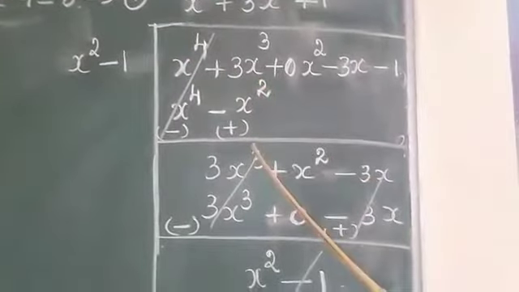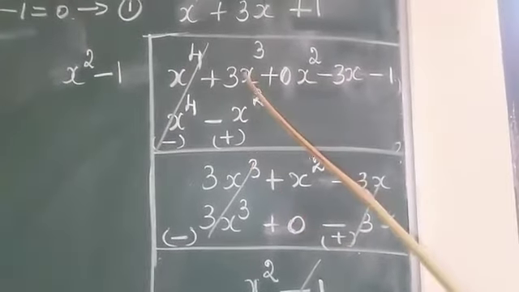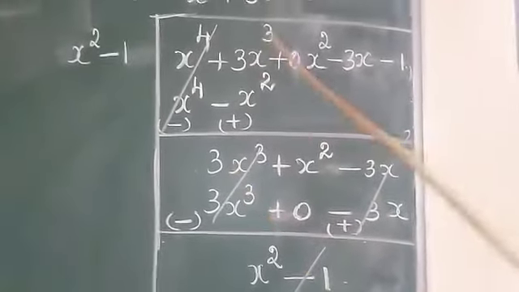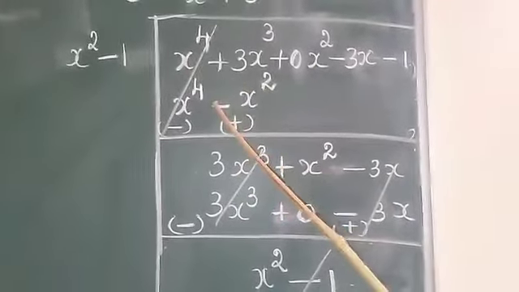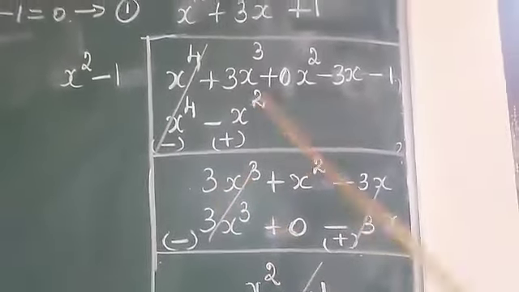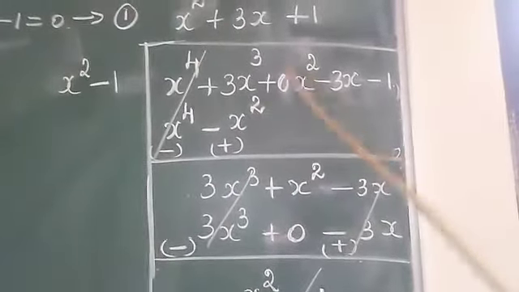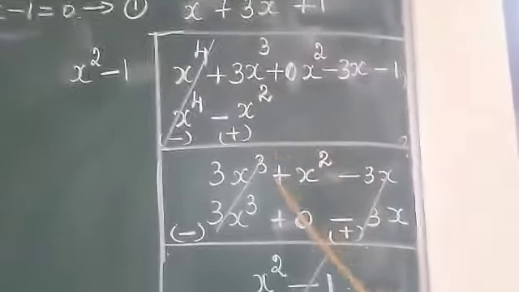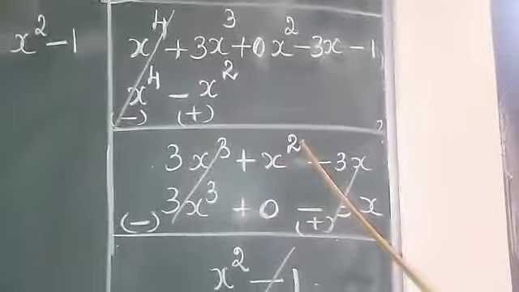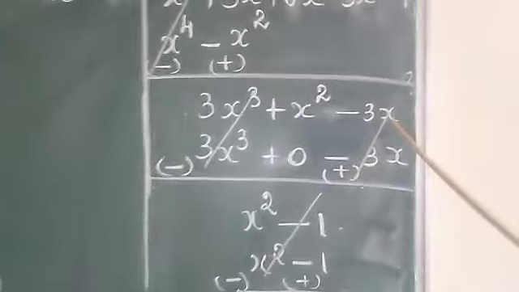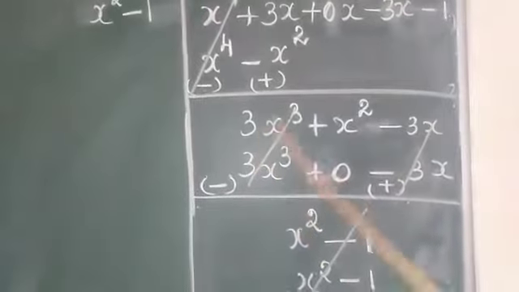The remaining is here. Now this 3x cube, we bring it down as 3x cube. Here there is no x cube term, so you can bring it as it is. And here the x square term is 0, and this plus x square becomes plus x square, and minus 3x we bring down. Next, our aim is to get 3x cube.